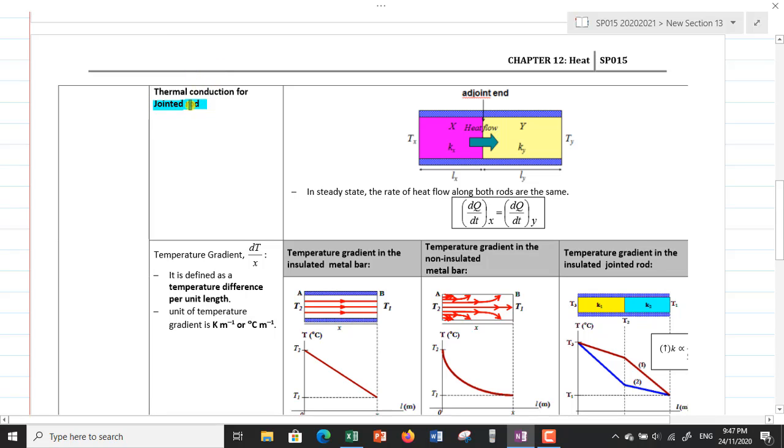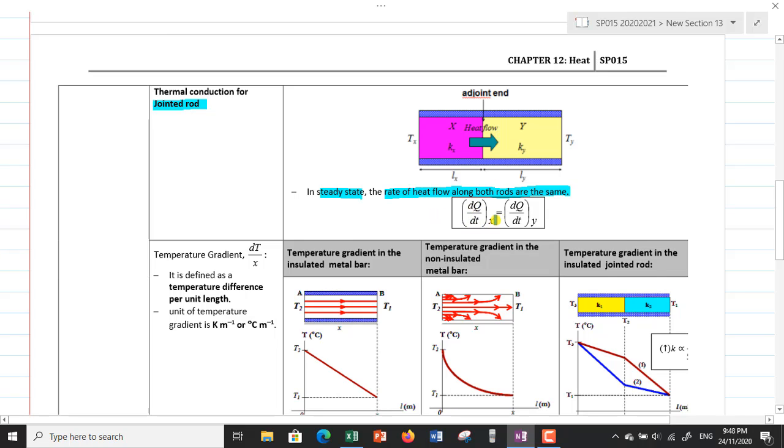If we have a jointed rod, meaning a combination of two rods of different materials, how do we find the thermal conduction? If the rate of heat flow is in steady state, we will find that the rate of heat flow along both rods is the same.